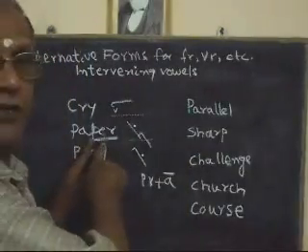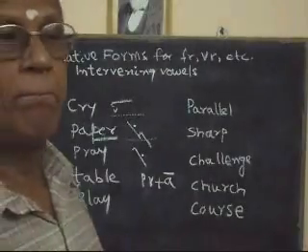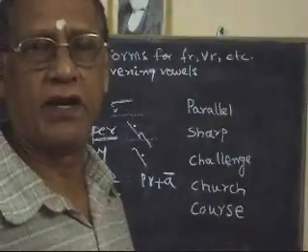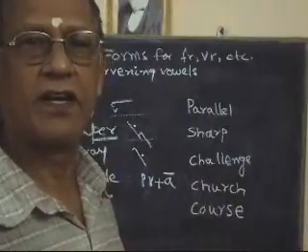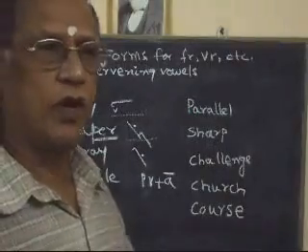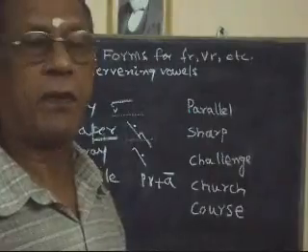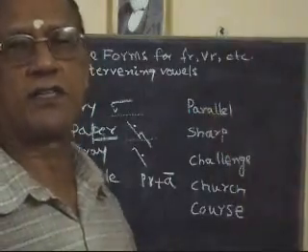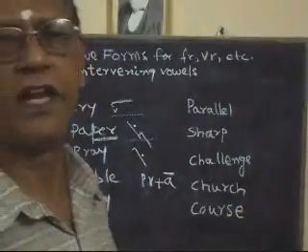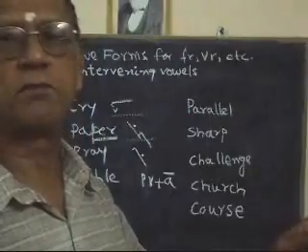Though in spelling, you see, A is there, but paper, no, it is not paper. It is not clearly audible, isn't it? So only two consonants are quickly pronounced. Don't bother about the spelling. You are not pronouncing the word as per spelling.